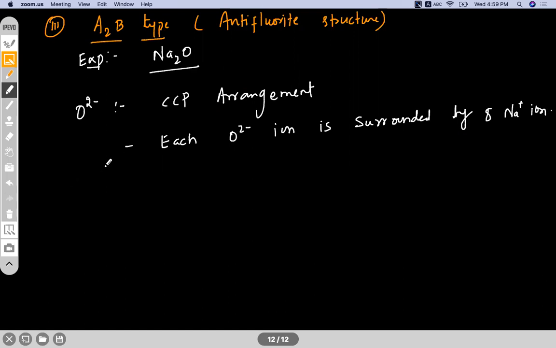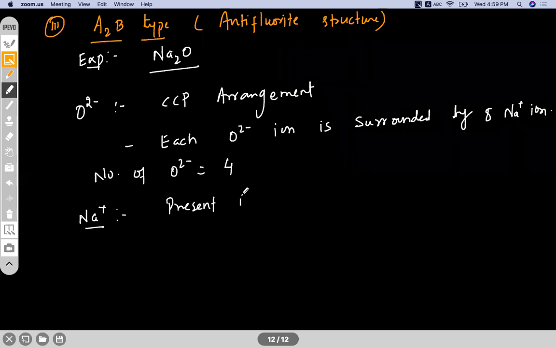The number of O2- here is again 4. For Na+, you see, Na+ ion is present in all tetrahedral voids, and each Na+ ion, the coordination number directly I'll write down, is 4.